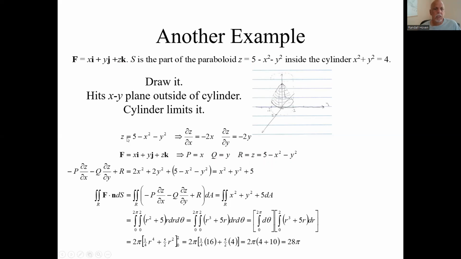What's the partial of z with respect to x? It's minus 2x. The partial with respect to y is minus 2y. Here are all the pieces. Put them into our formula. Now it's just plug and chug, right? My students love plug and chug. And you finally get this as the integrand.